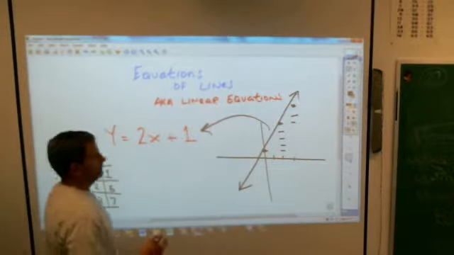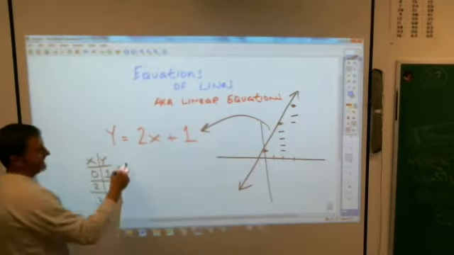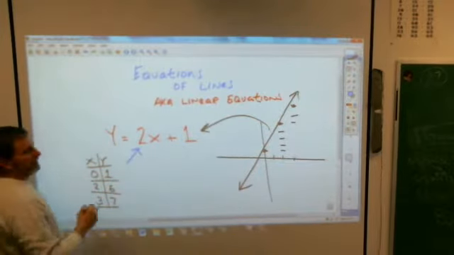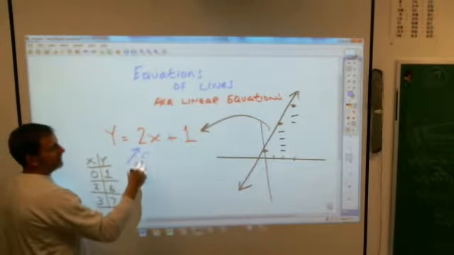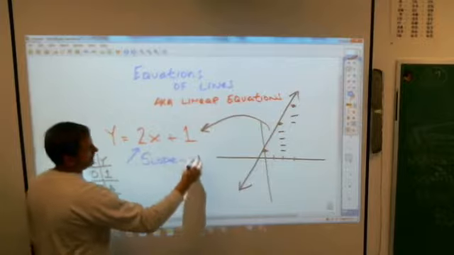First things first, when you write a linear equation in that form, it is called slope-intercept form.